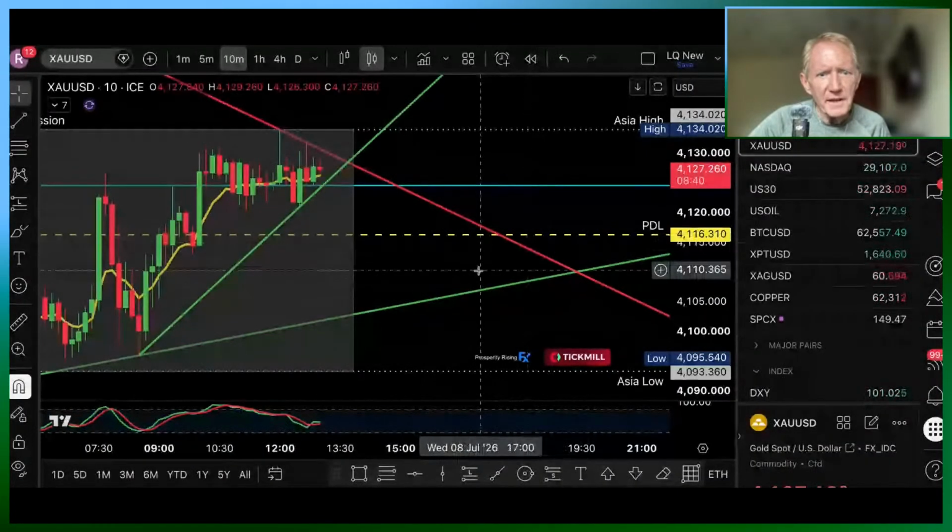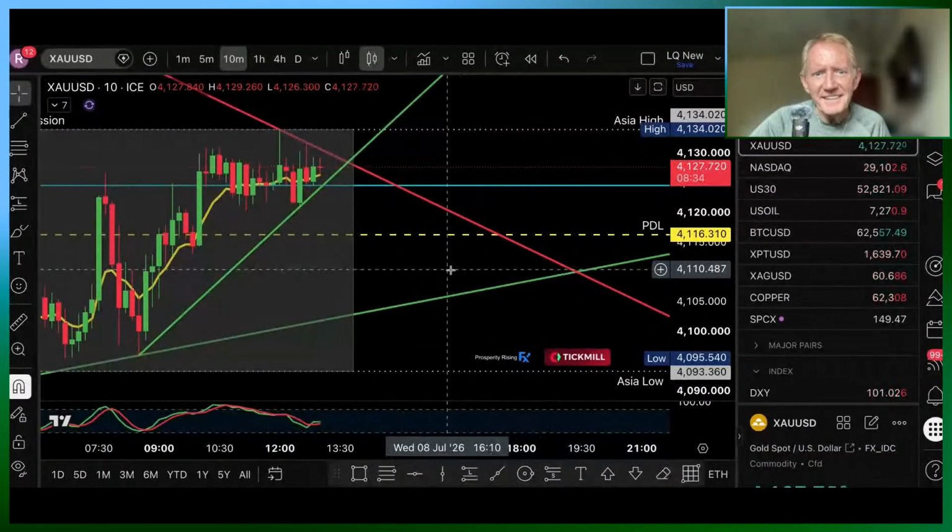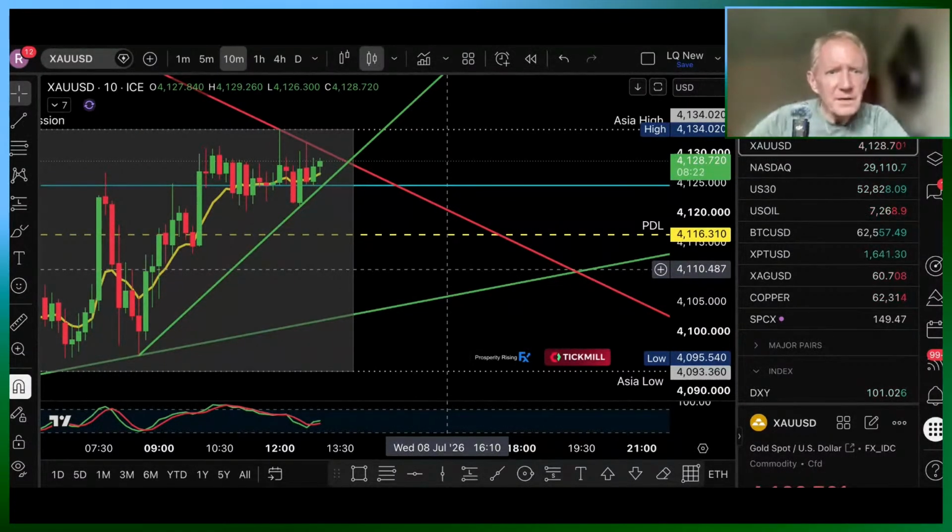So I might just let that settle into my confidence level, settle into my brain, and then come back later, maybe in the New York session. I don't like to just jump out of one trade and start making more trades.